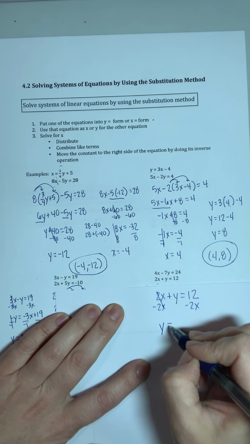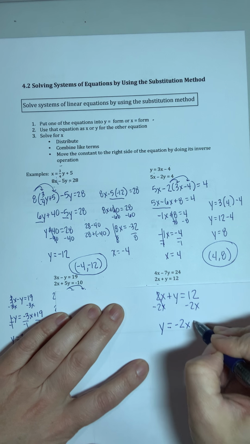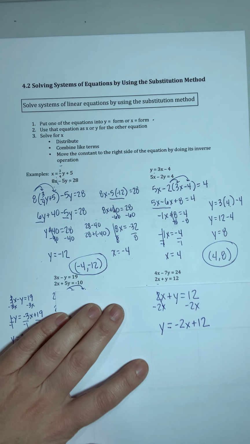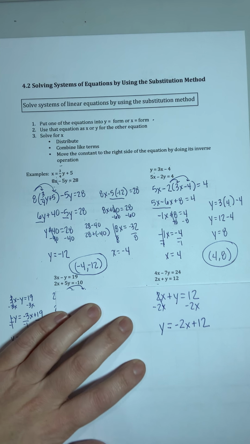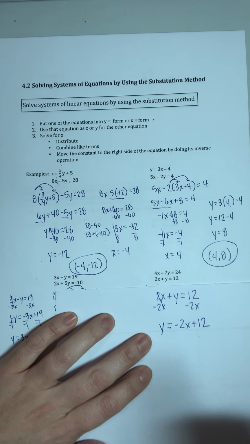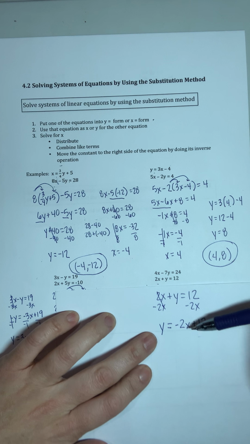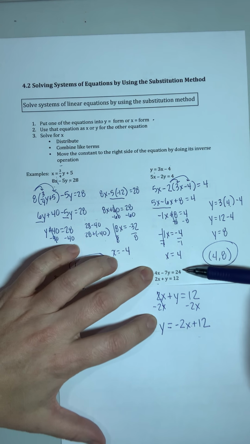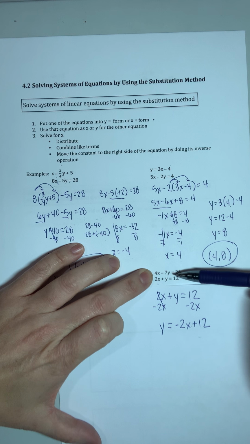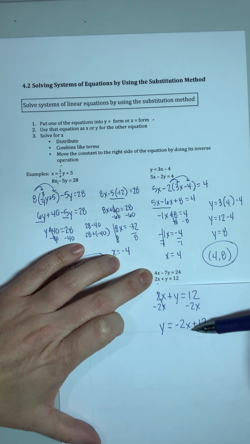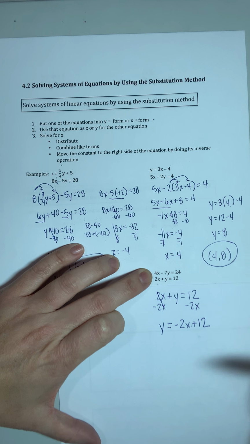So I have y equals negative 2x plus 12. So now I have my y equals, because remember, one of these has to be y equals or x equals. So since I changed the second one, then I have to use this to go into the first one. So anywhere I see a y, I'm going to replace it with negative 2x plus 12.